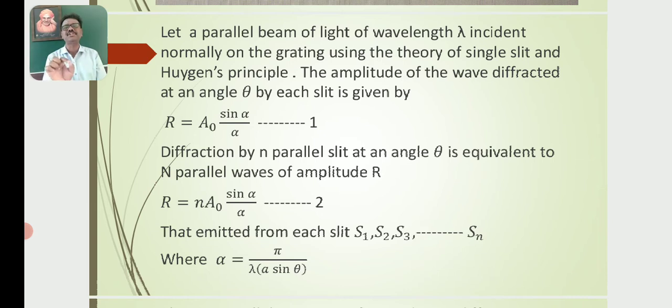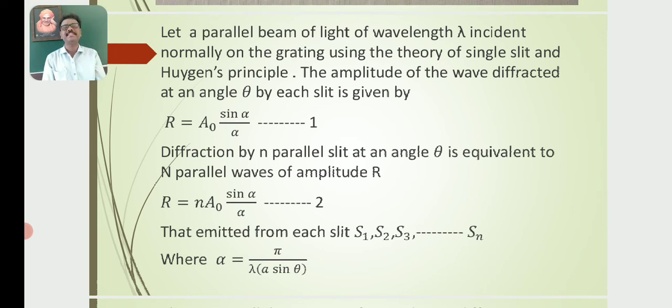Let this be equation number 1. Then diffraction by n parallel slits at an angle theta is equivalent to n parallel waves of amplitude R. Then the resultant amplitude R is equal to n A naught sin alpha by alpha. Let this be equation number 2.